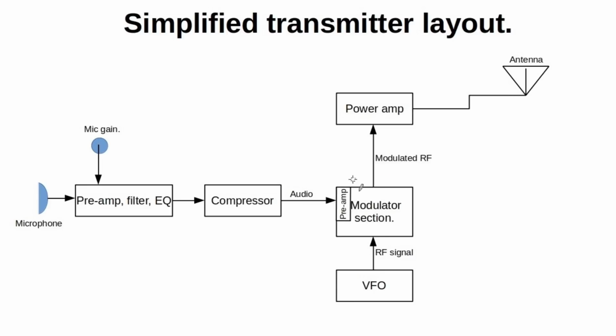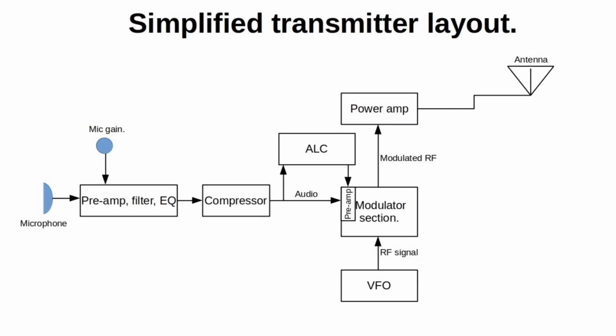That modulator section will have a little preamplifier that processes and amplifies that audio to drive the modulator itself. And that's important because the tool that I mentioned, and it's the addition to modern radios, is something called an ALC, which stands for automatic level control.